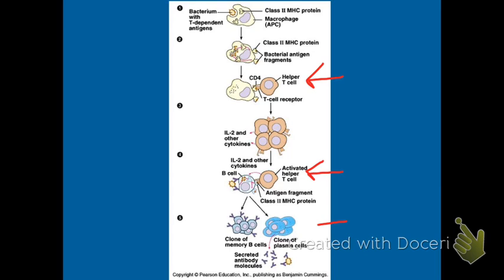That B cell then will be cloned to make memory cells. Those will patrol your body for the rest of your life. And they will be cloned to make what are called plasma cells, which are basically activated B cells that secrete antibodies. So the B cells never go to the battlefront themselves. They secrete antibodies, and those antibodies are proteins circulating in the bloodstream. They end up at the battlefront.